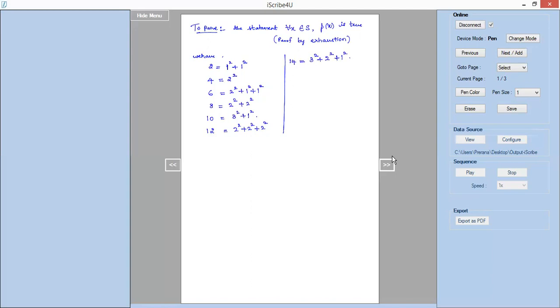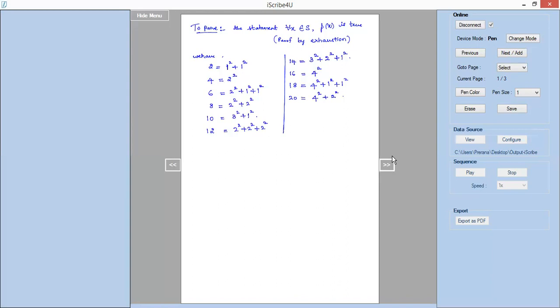Correct, no? 9 plus 4 plus 1, which is 14. Then we have 16. 16 can be represented as 4 square. Then we have 18, which can be written as 4 square plus 1 square plus 1 square. Then we have 20. This can be represented as 4 square plus 2 square. 4 square is 16 plus 2 square is 4.